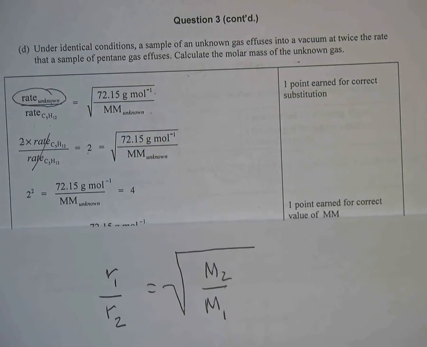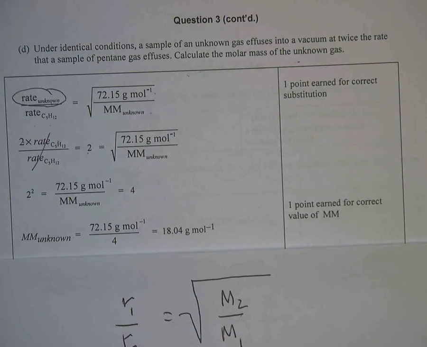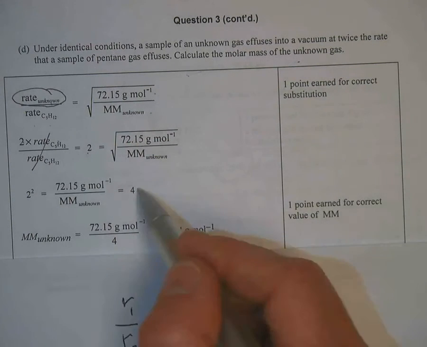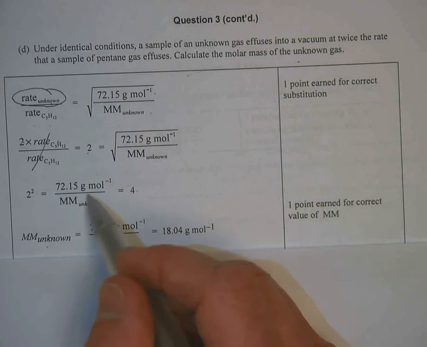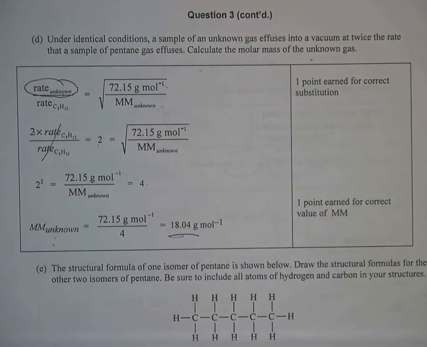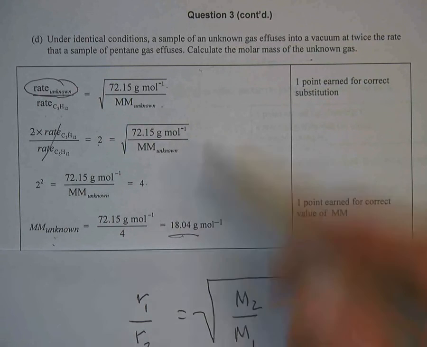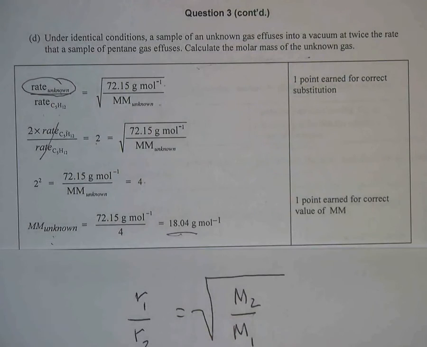Squaring both sides, solve for the molar mass, and 4 equals 72.15 over the molar mass. The molar mass of the unknown turns out to be 18 grams, and that's the molar mass of the unknown gas. See how you can use this to determine what an unknown gas is.